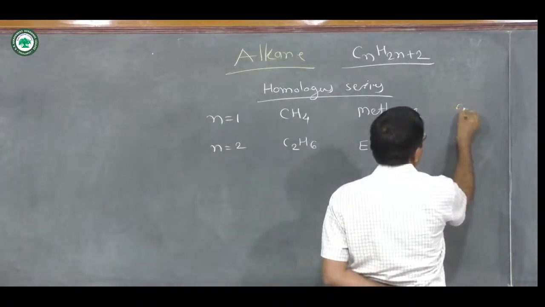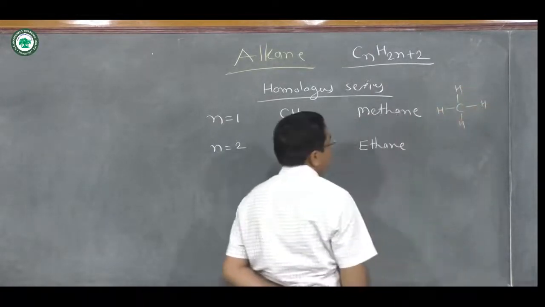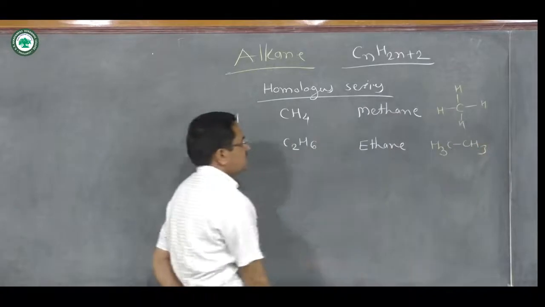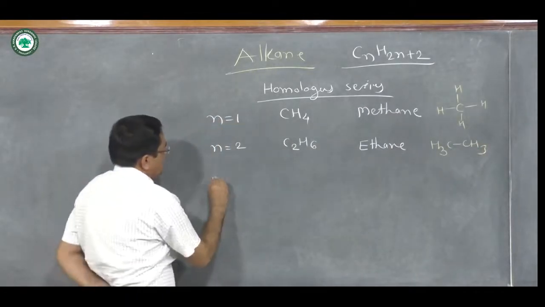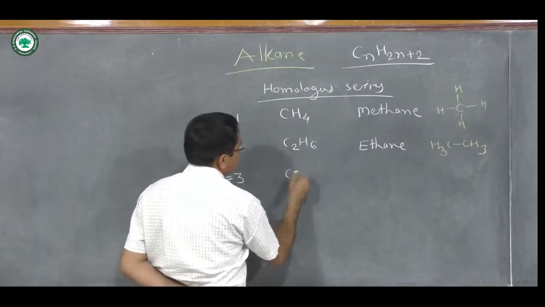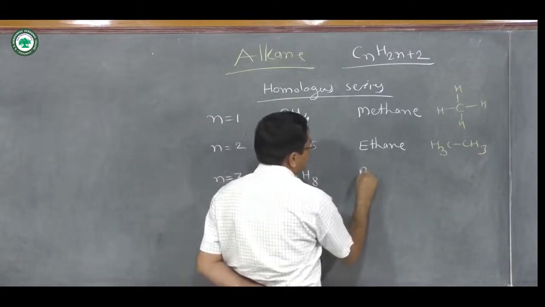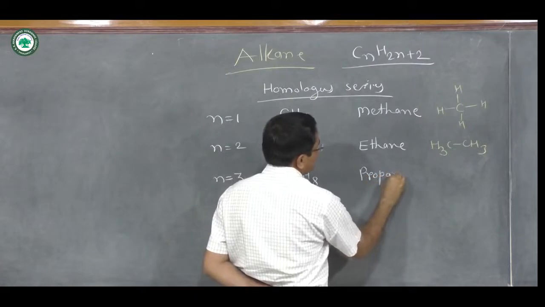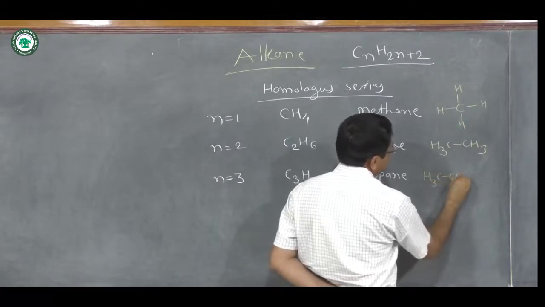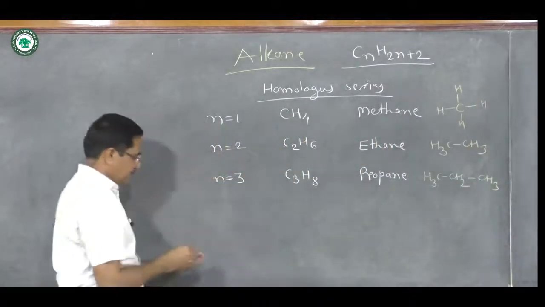And with this we will see the structure. Methane having the structure, ethane CH3. Now suppose n equals 3, then C3H8, propane, structure is CH3 CH2 and CH3.